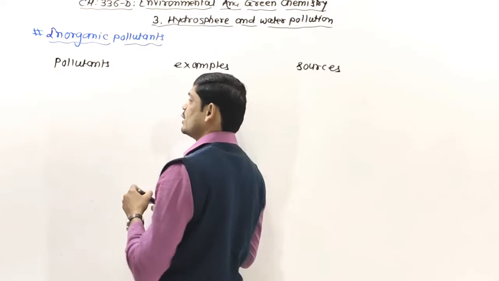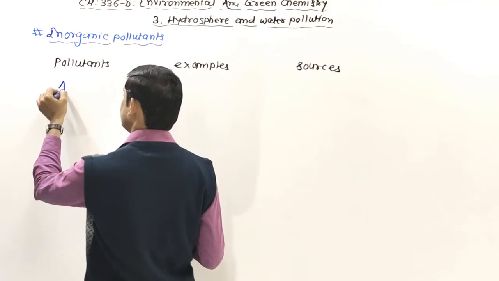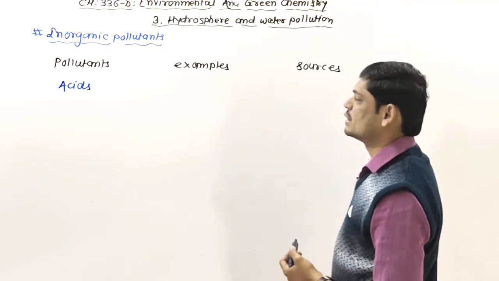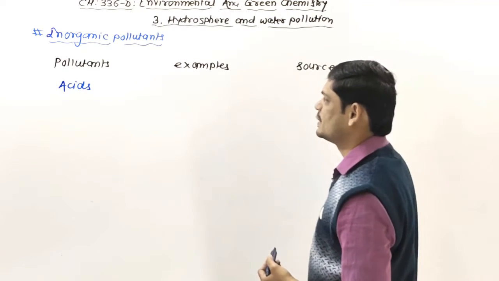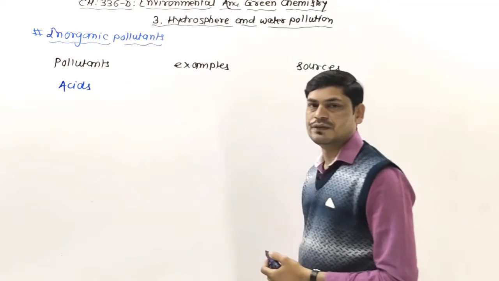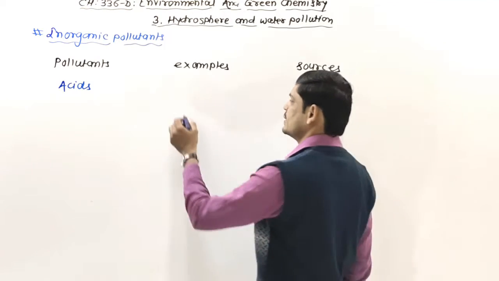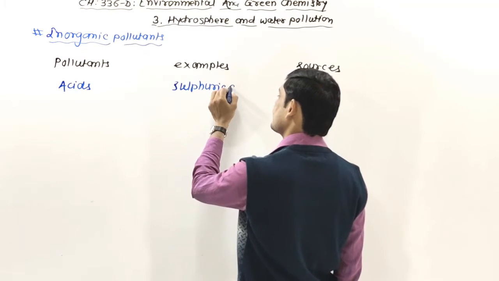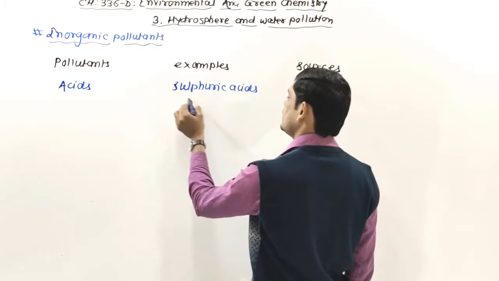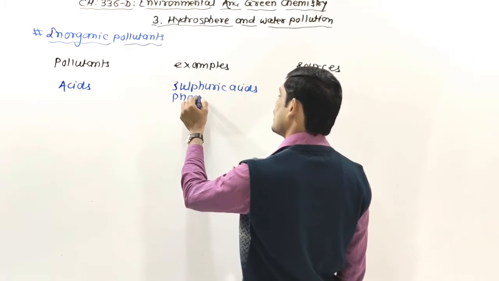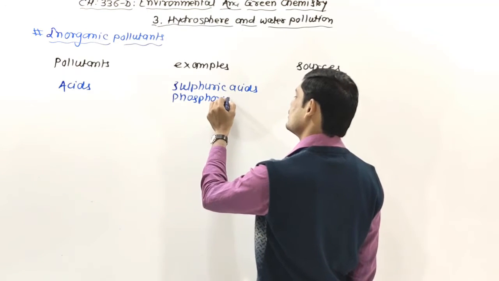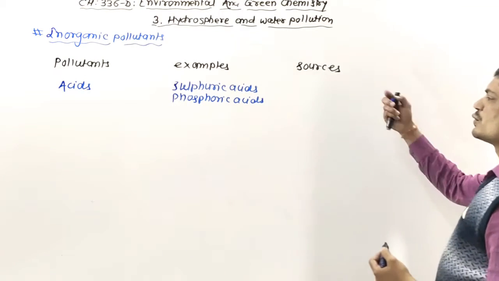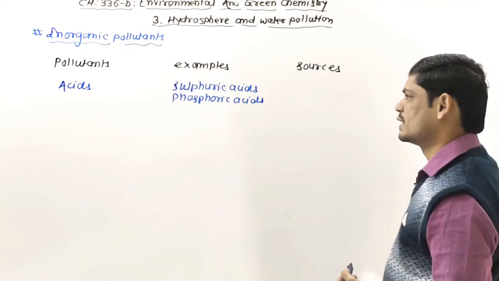Our first class of inorganic pollutant is acids. The acid inorganic pollutants present in the water bodies are sulfuric acid and phosphoric acid. So what are the sources of sulfuric acid and phosphoric acid?